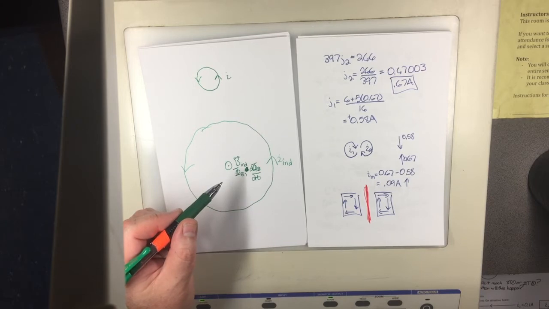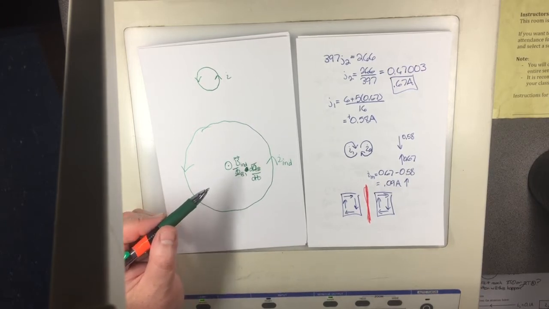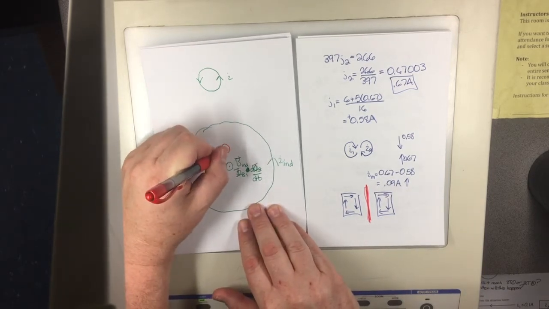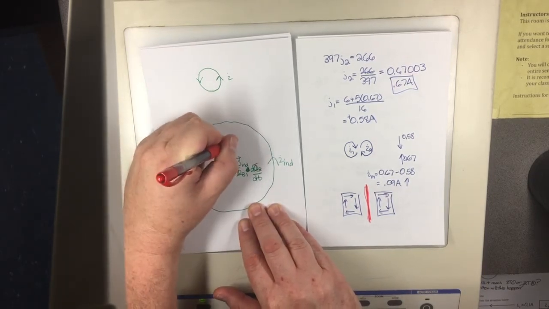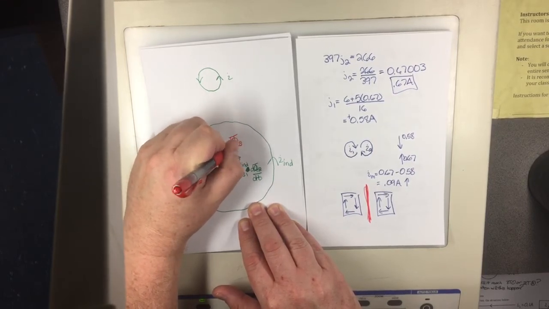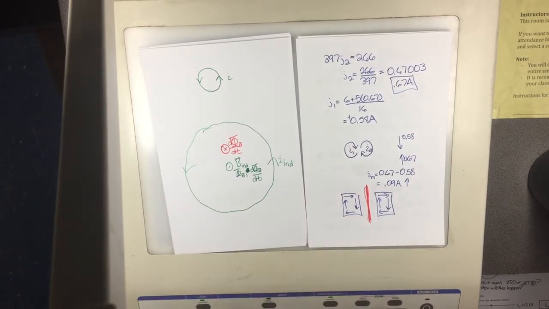Because we know that the external change in flux is always opposite of the induced change in flux, the change in magnetic flux with respect to time must be in.